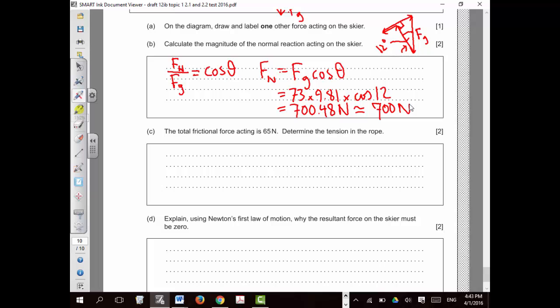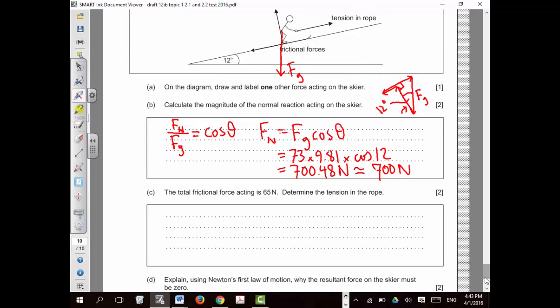Well, if we look back at our diagram that we conveniently drew above here, we can see that the tension force must be equal to the friction force plus this little bit here.